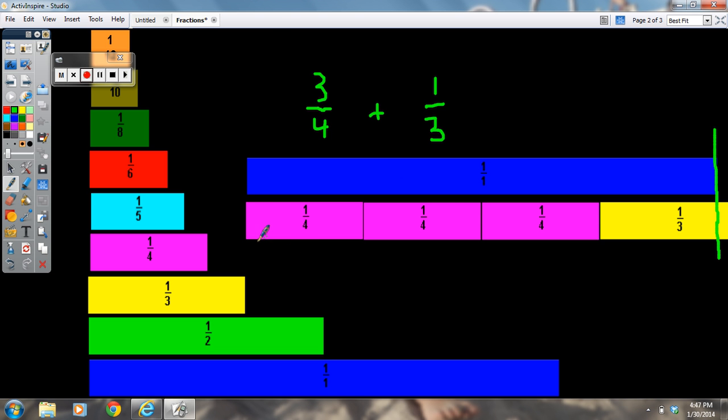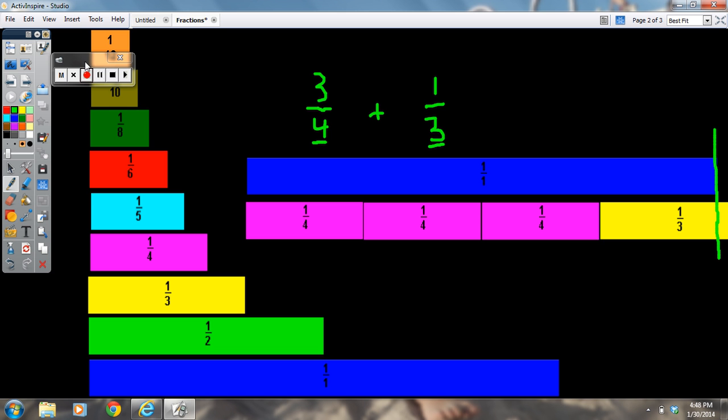So we need to take our fraction pieces that would equal the same length of the 3/4 and the 1/3 combined together. And when we do that, we need to find the common multiple of the denominators, which really is the common denominator we call, of 4 and 3. So I know a common multiple that these two denominators share is 12.